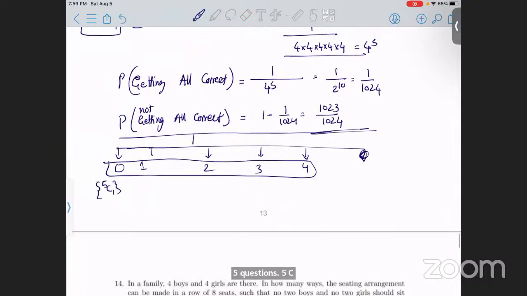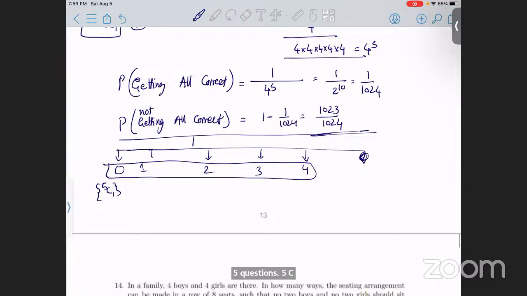Out of those, 1 is correct, and for that it can be arranged in 4 factorial ways. And then what is the next thing? I'm forgetting this. There are the other 4 questions.